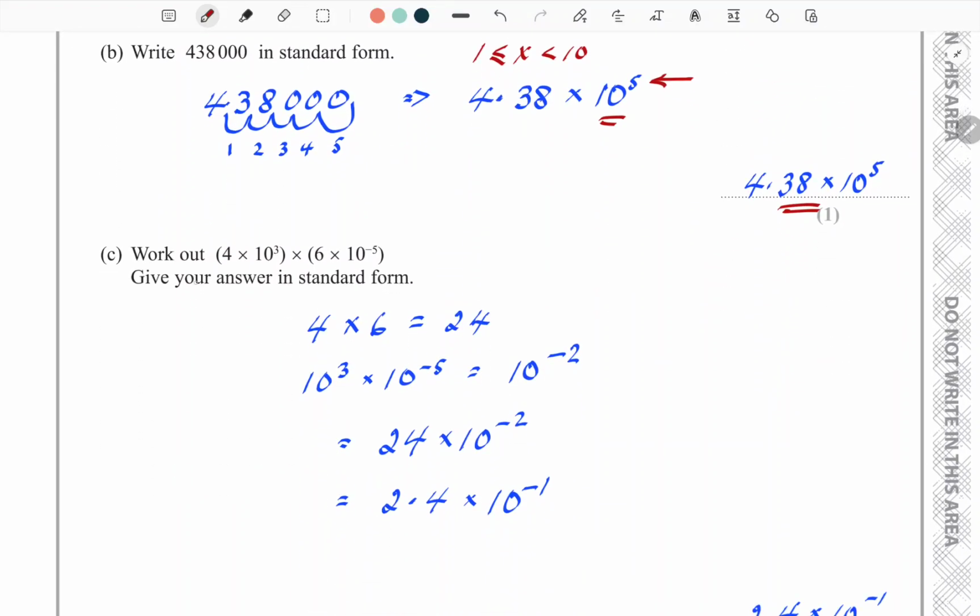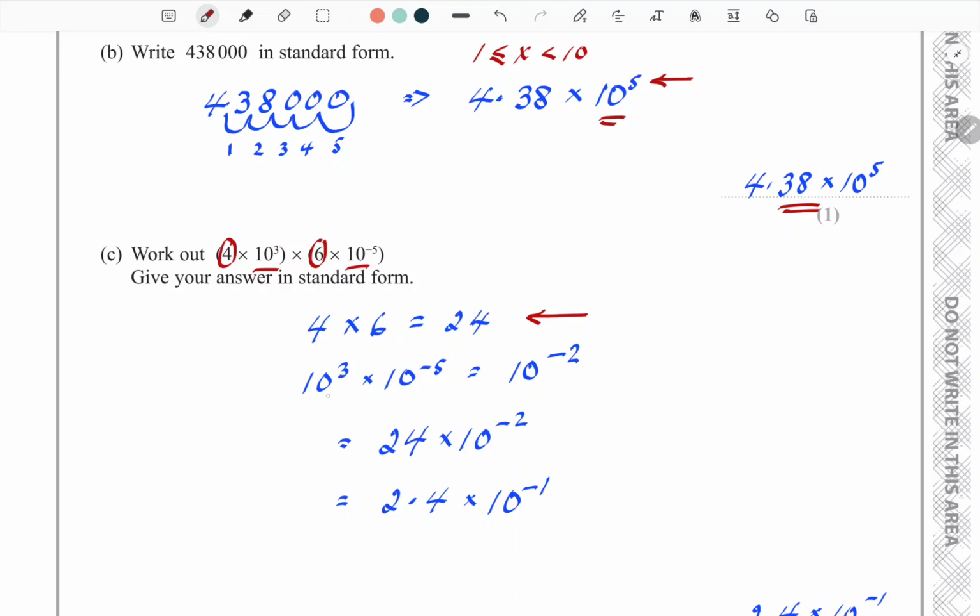Right, next one. Work out 4 times 10 to the power 3 times 6 times 10 to the power minus 5. Now, the important thing here is that we can take the base figures, 4 and the 6, and multiply those. So that's where you get the 24. And then do the powers of 10 separately.